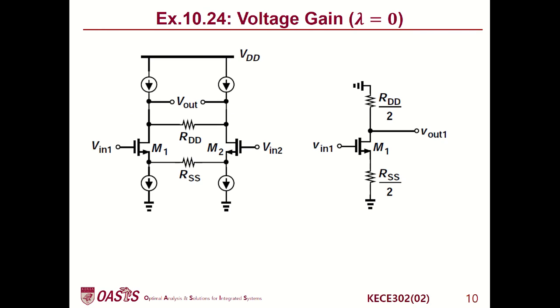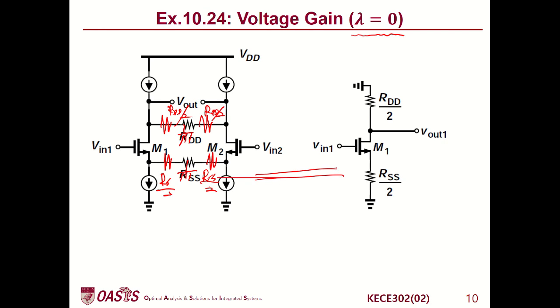So finding the voltage gain for neglecting channel length modulation. So simple. You make a virtual ground, which is RSS divided by 2, and here RSS divided by 2, and the center value will be AC ground. And the output is the same. You have RD divided by 2, RD divided by 2. The center will be AC grounded.